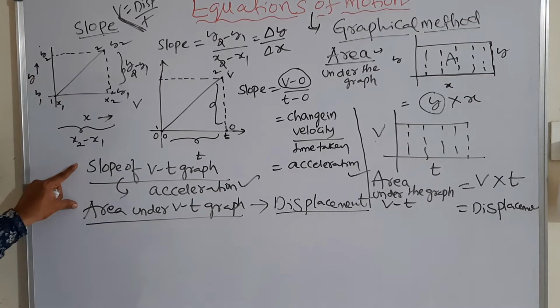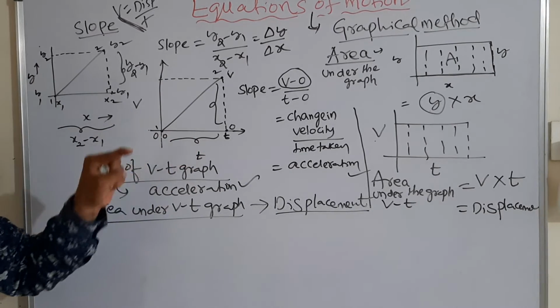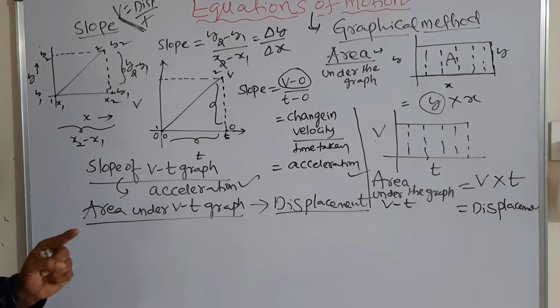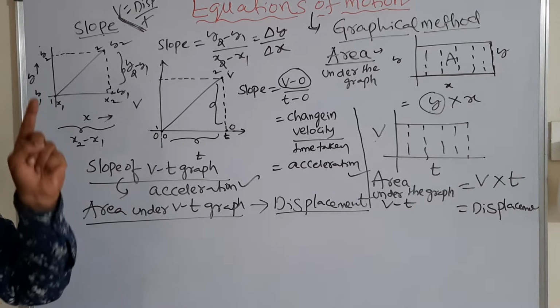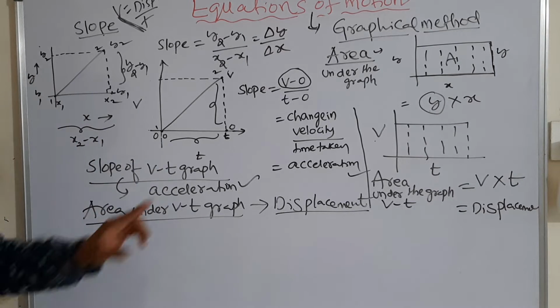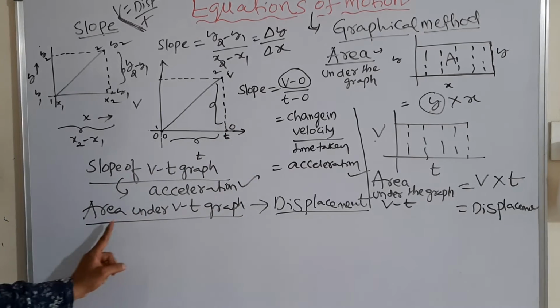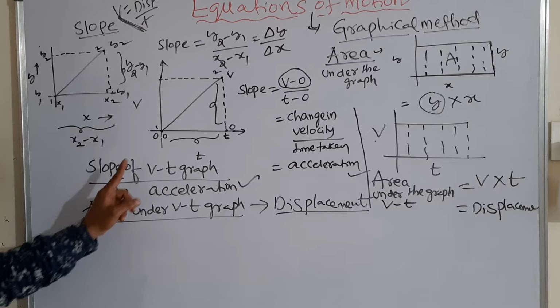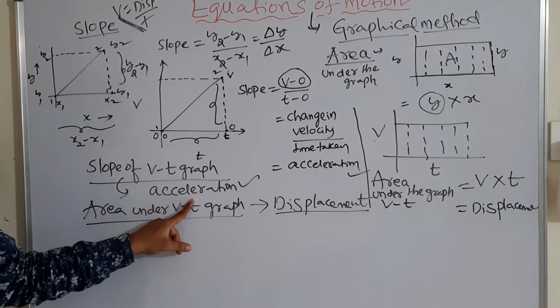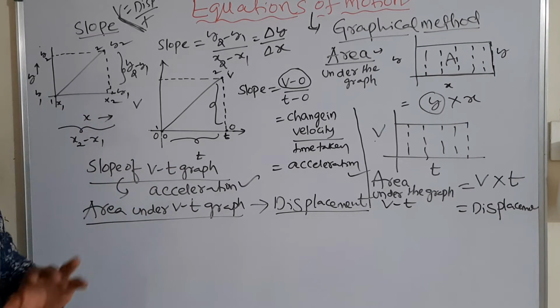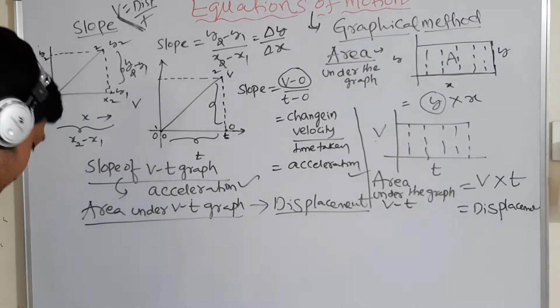So remember these. By knowing the velocity time graph, it is very easy to derive the three equations of motion, because in the velocity time graph we can derive displacement by knowing the area under the VT graph, and we can derive acceleration. So this is the importance of the velocity time graph.